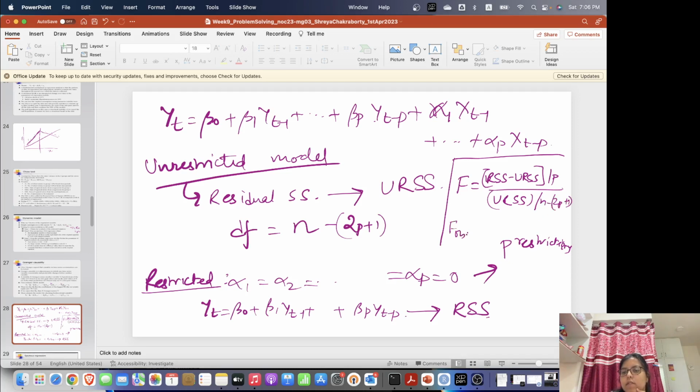If F observed is greater than F p, n minus 2p minus 1, then we reject H naught and conclude that x Granger causes y.